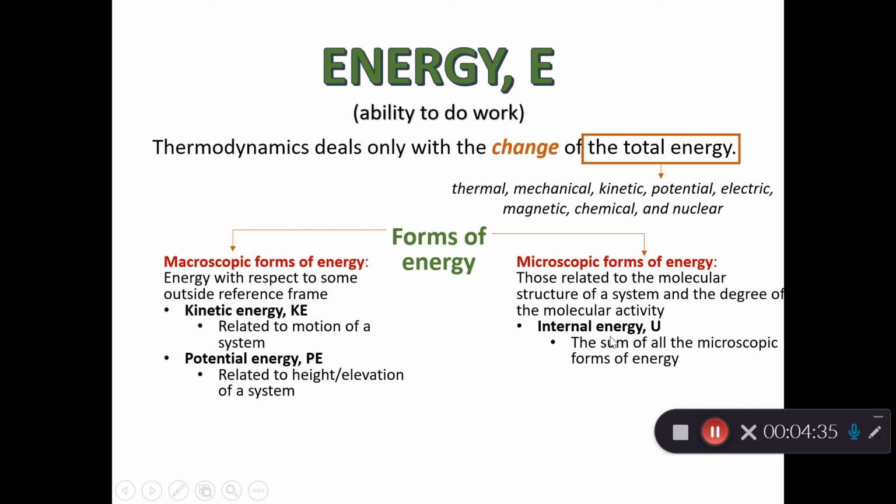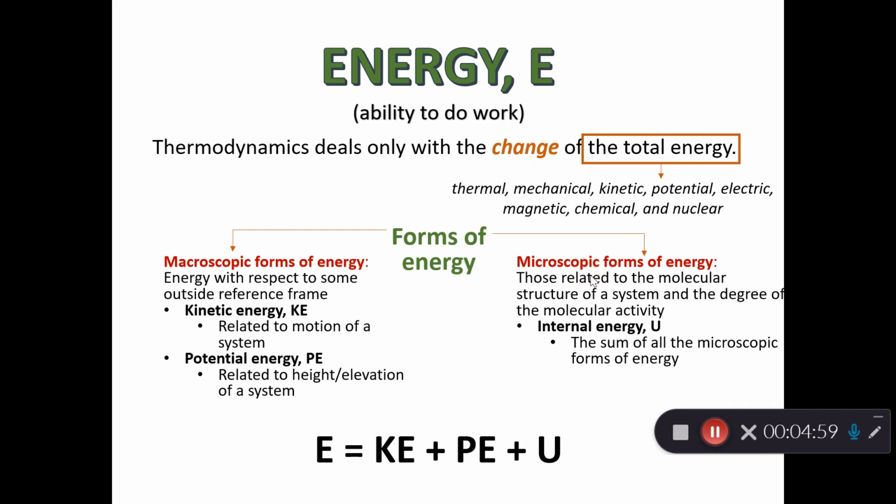Okay, so you might remember seeing this from your property table. All the property tables will have internal energy as one of the components because that is simplifying the microscopic energy. Because macroscopic we can easily calculate from the equations, but microscopic is impossible to calculate.